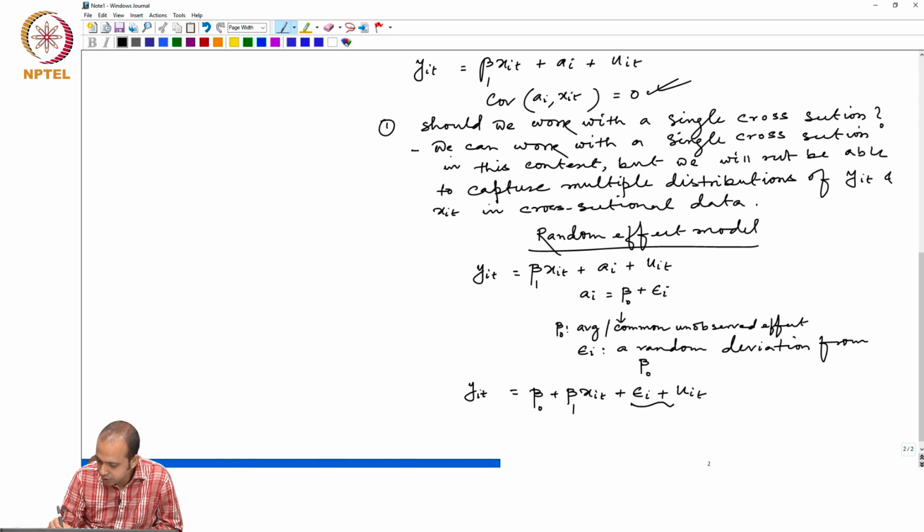And these together you can write as VIT, the composite error term, made up of epsilon I and UIT.